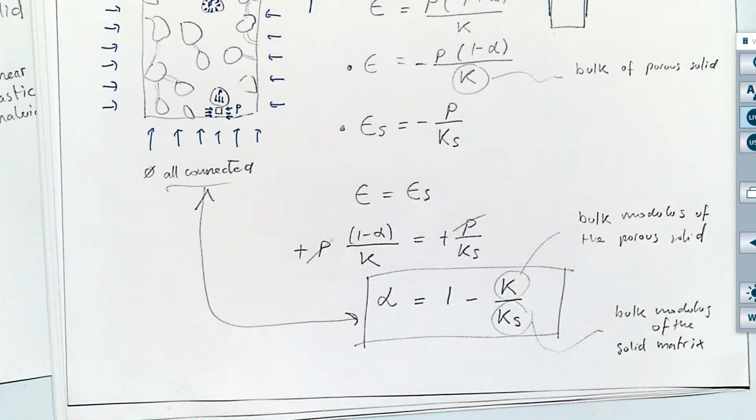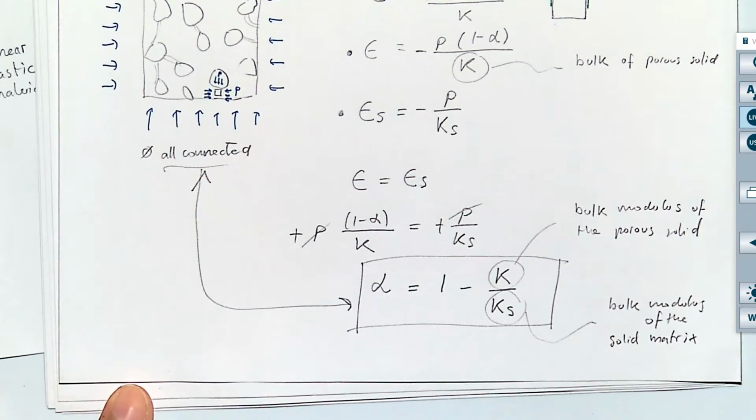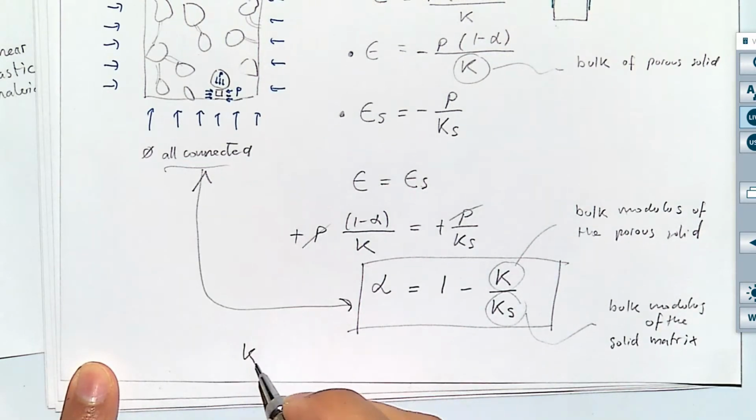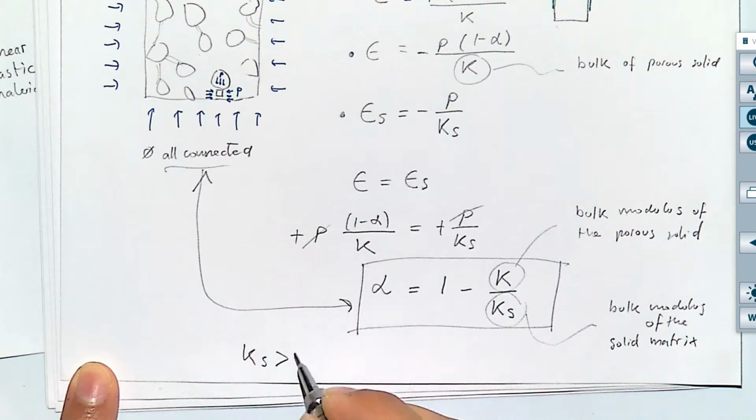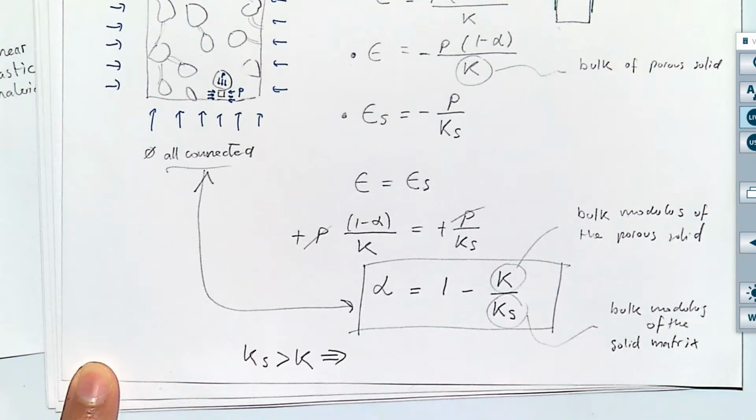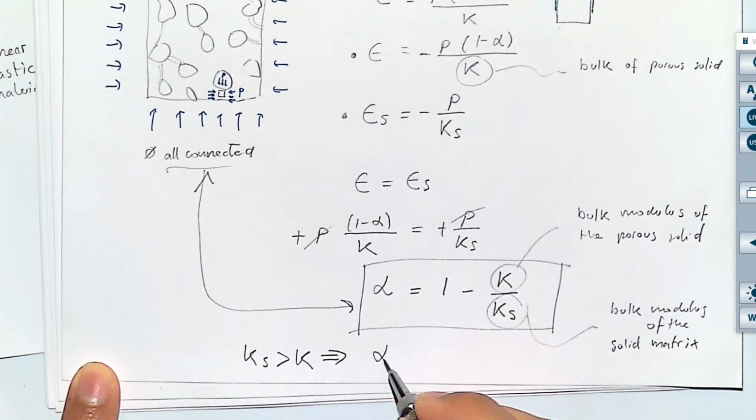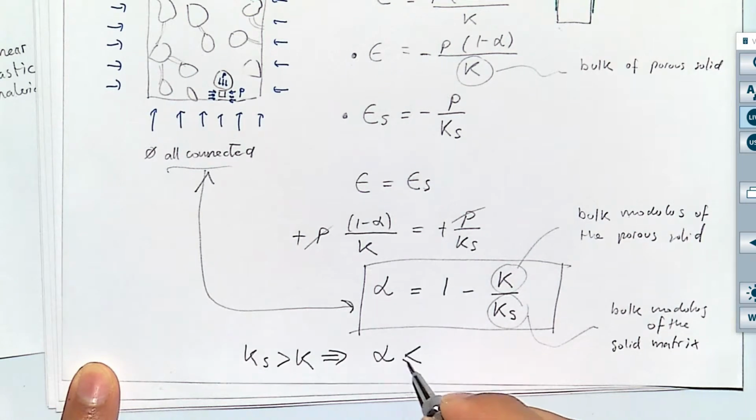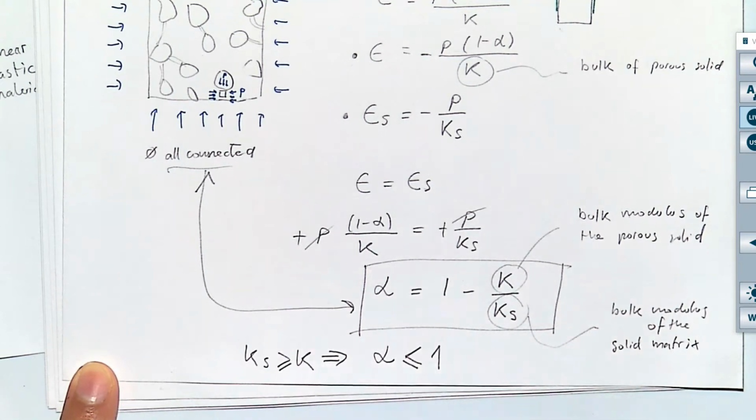So which one is bigger, K or Ks? Ks has to be bigger because K includes the pores, so it should be smaller. And if Ks is bigger than K, what does that mean for alpha? Alpha has to be equal or less than 1.